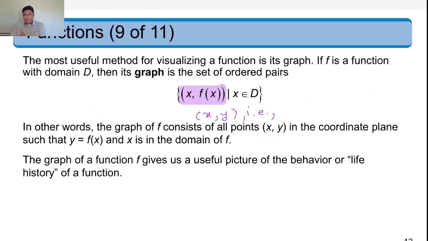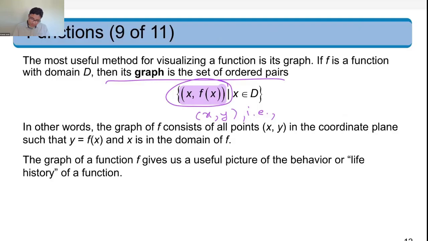Which brings me to yet another representation, the graphical representation. We draw graphs to represent many functions. First, the definition. The analytic definition of graph is the set of points x comma f of x. What does that mean? The input and the output makes a point. And if you take all points like that and collect them, that's your graph.